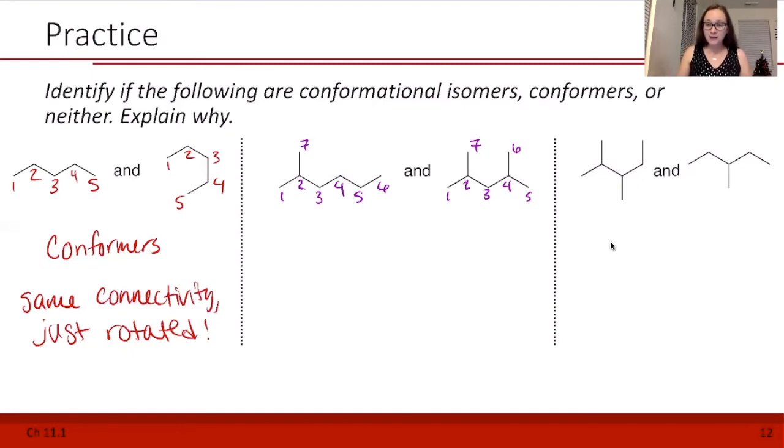However, we can tell instantly, or at least after numbering as well, that in the second molecule we have 2 points that are branched off, whereas in our first molecule we only have 1. So we have different connectivity. That means that they're going to be isomers of one another.